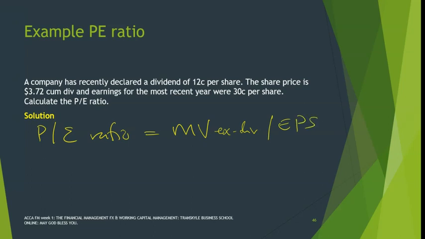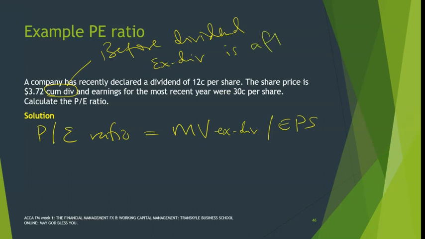The market value XDIV is not given, we are given the cum div. Cum div means before dividend, whereas XDIV is after dividend. So please get this right.